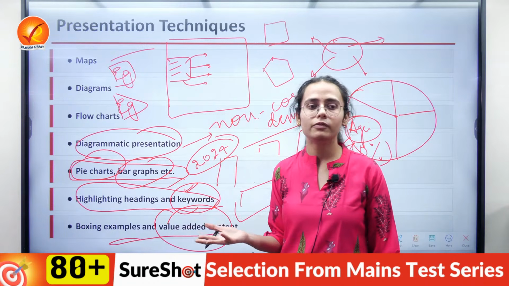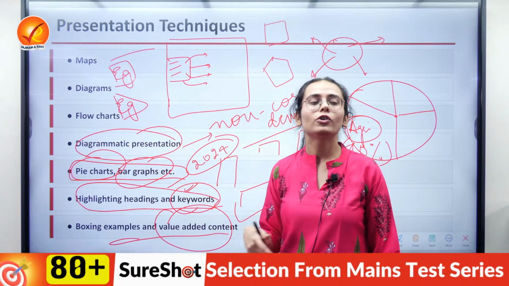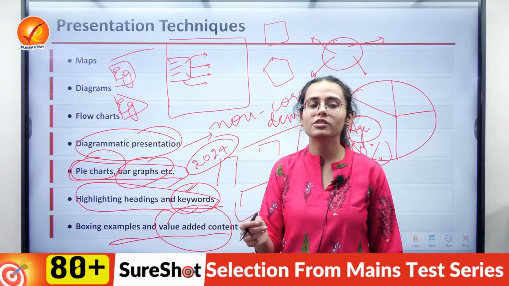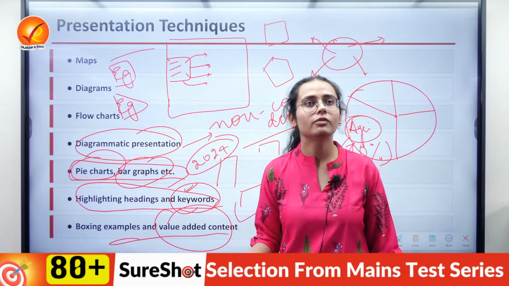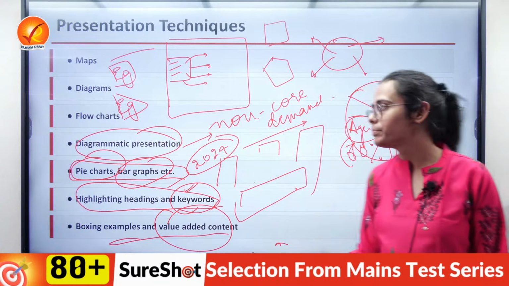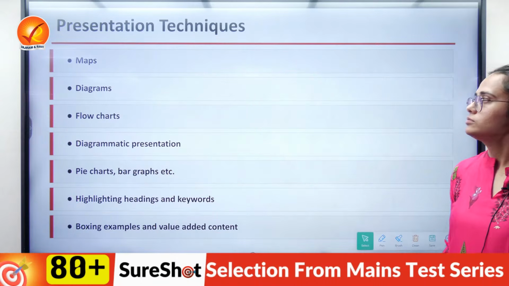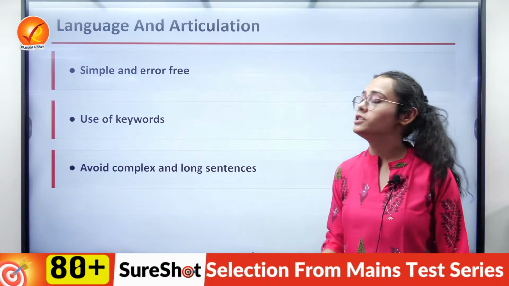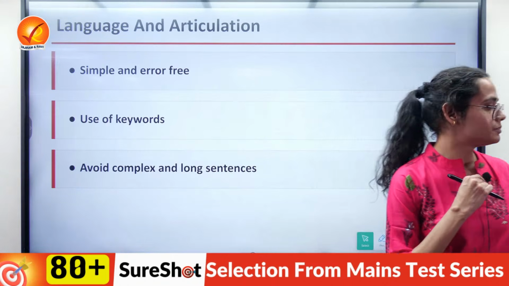But many people find it. So if you are not comfortable enough, why go into that territory? Just write your arguments in a strong manner. That's enough. Okay. So these are the presentation techniques. Now language and articulation, sir will take.